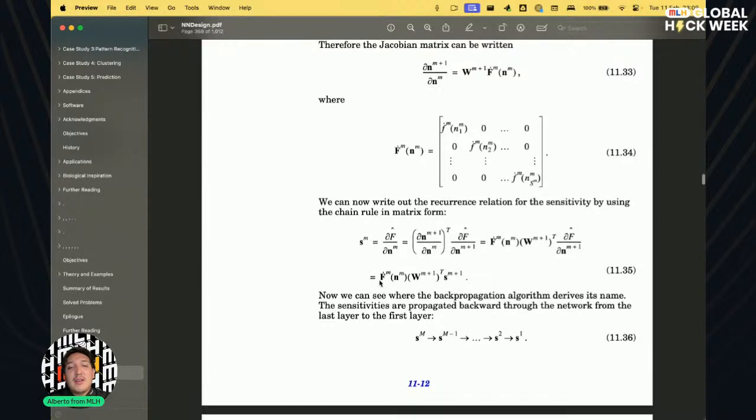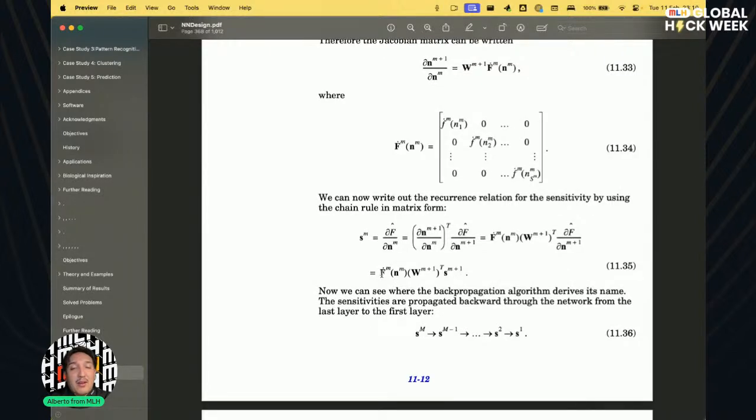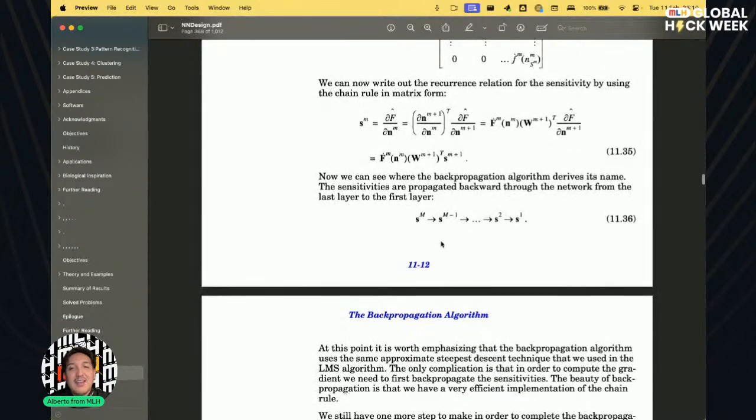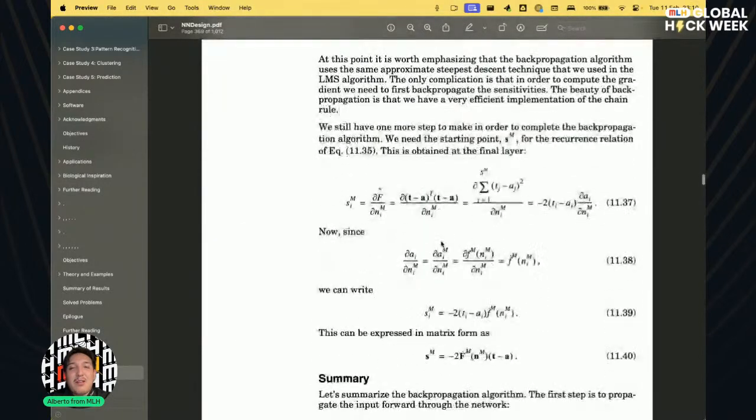It's the derivative of the transfer function, this f with the dot on top, which means the first derivative, because we can have many derivatives. First derivative multiplied by the layer output times the previous weights values times the previous sensitivity. That's just it.